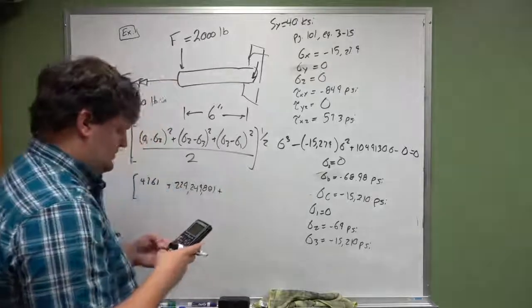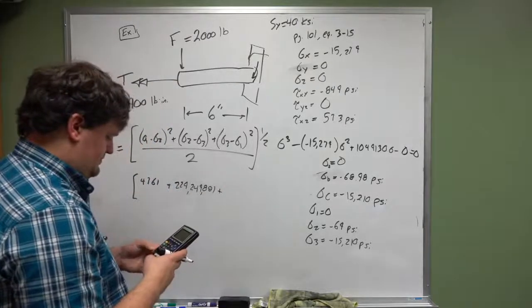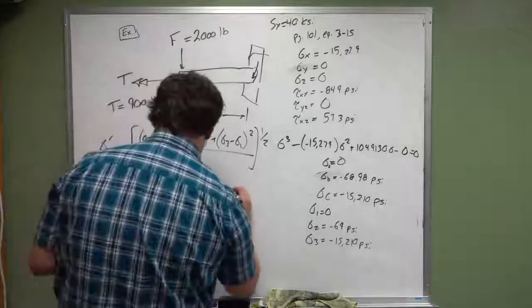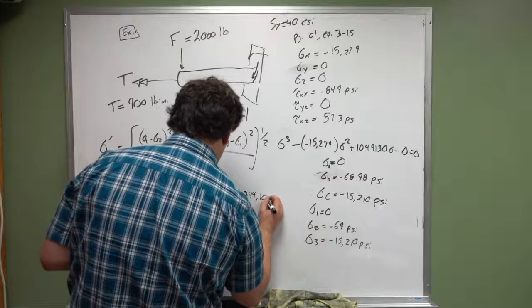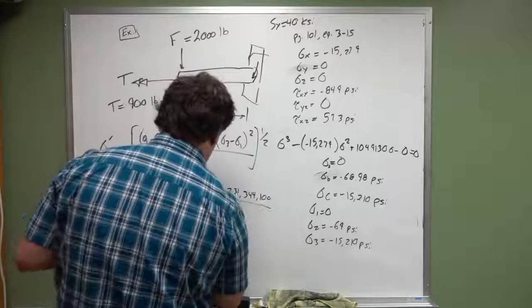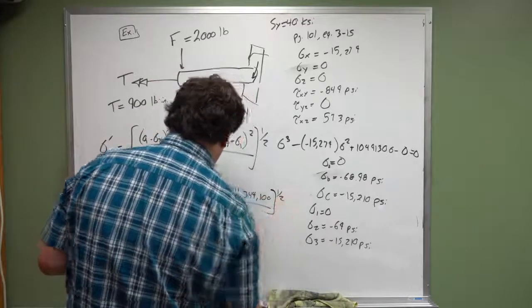Plus 231 million. And 4,400 divided by 2, and then take the square root of it.